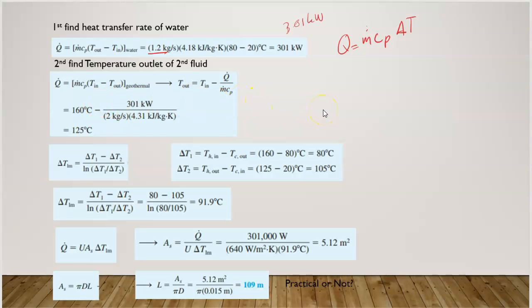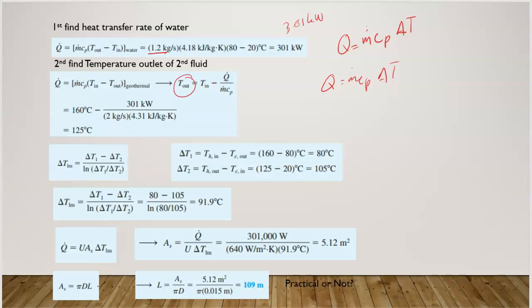So here we are using these formulas, because it involves fluids. Q equal to m Cp delta T. Then here we have the hot water side. Then rearrange this formula, because we don't have T out.